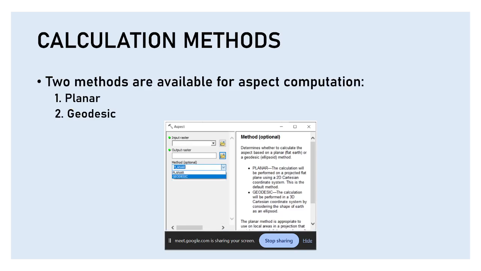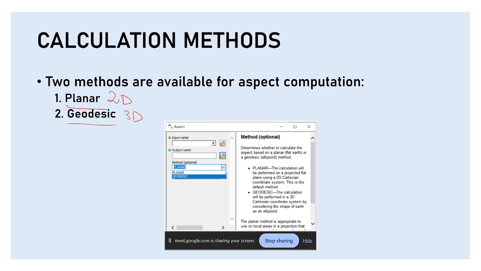Now there are basically two methods in which you can compute the aspect. The first one is the planar method and the second one is the geodesic method. In the planar method, it is basically a two-dimensional method, and geodesic is a three-dimensional method. This is, I think, probably from ArcGIS. In planar, the calculation will be performed on a projected flat plane using a 2D Cartesian coordinate system.